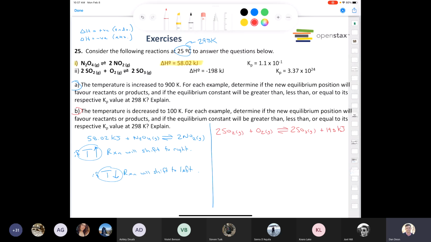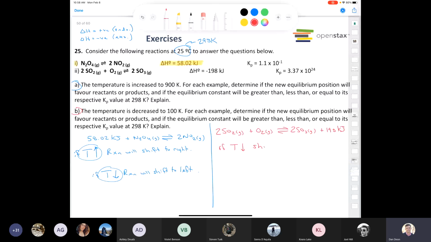If you're decreasing the temperature, so if T decreases, could anybody tell me which side this would shift to? Would it shift to the left or to the right? In this specific case, it's going to shift to the right. Exactly, because I'm removing heat. If I drop that down, it's going to shift to the right to balance out that change.